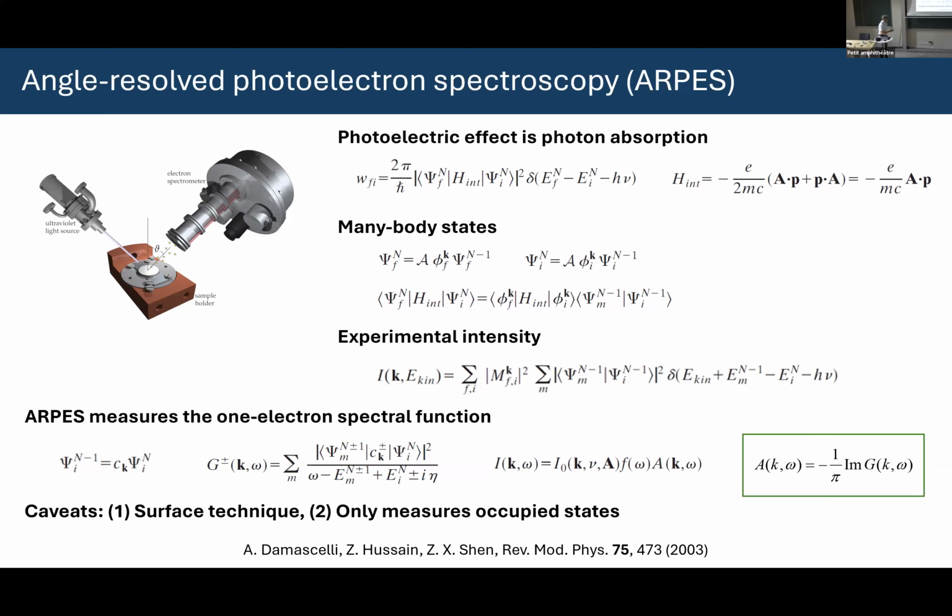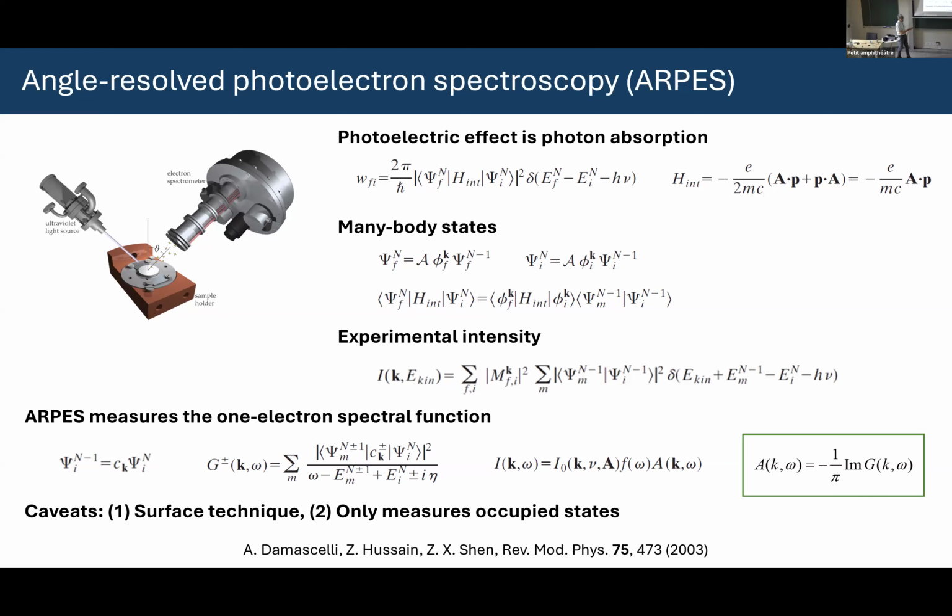Okay, so if you write out this quantity, it is literally the imaginary part of this one-electron spectral function that we wrote down earlier with a c operator in it. Now, this can either be c dagger or c, depending upon whether you're measuring above the Fermi energy or below. Photoemission only measures the occupied states, so this is just an annihilation operator.